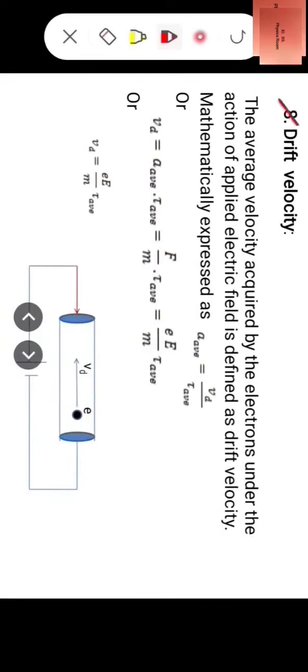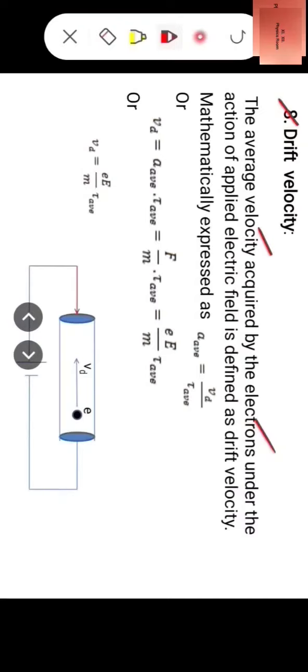8. Drift velocity. Let us define drift velocity.